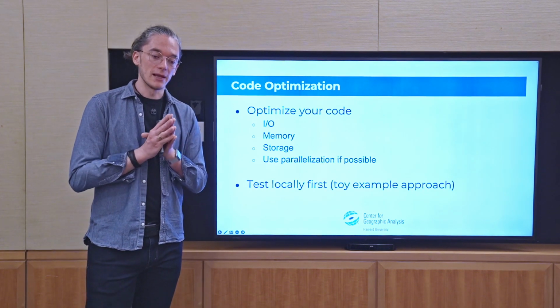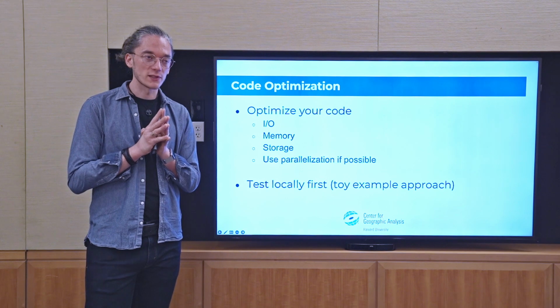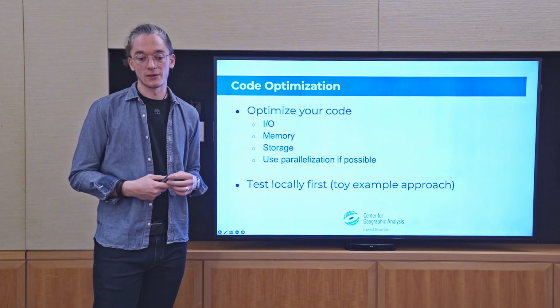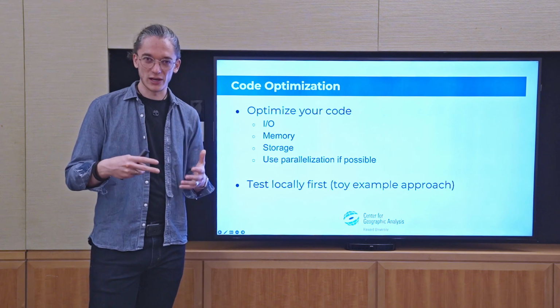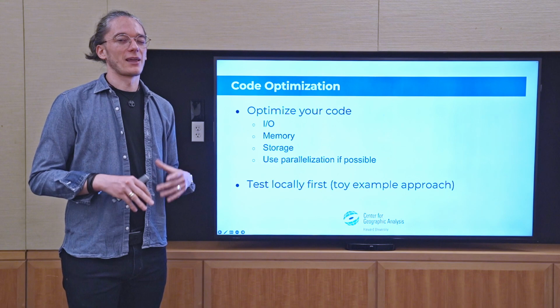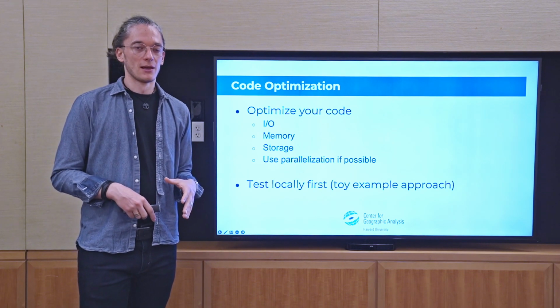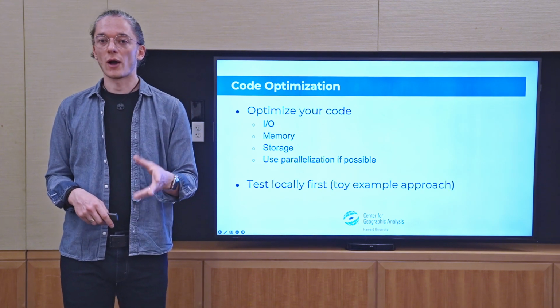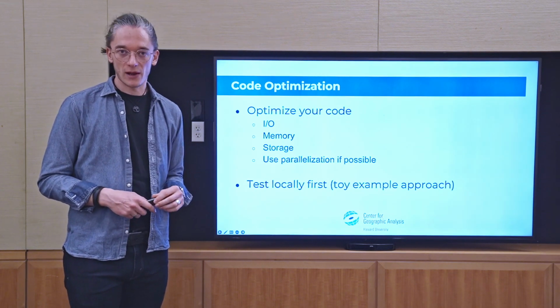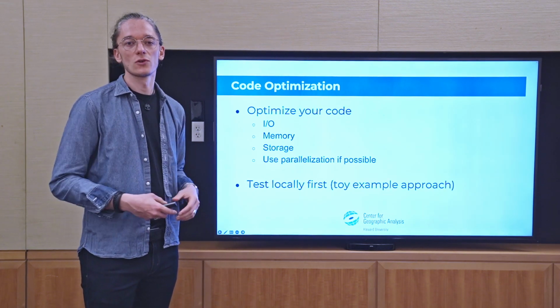Parallelization is probably the most important aspect here. And that also goes hand in hand with testing locally first, because iteration is just a bit easier. Especially when it comes to parallelization, debugging there can be very tricky. The library that I introduced to you for parallelization in Python makes it fairly easy, and it's easy to replicate.